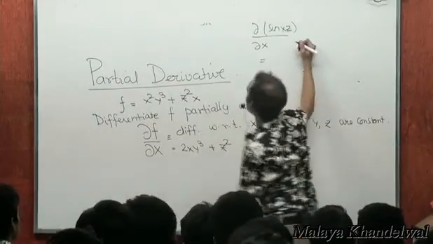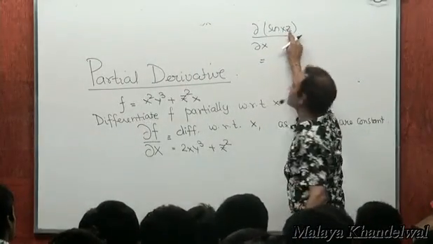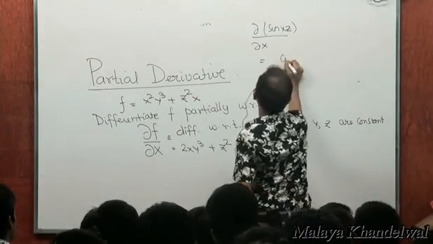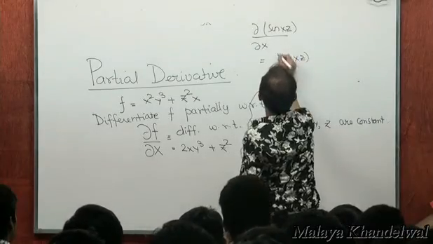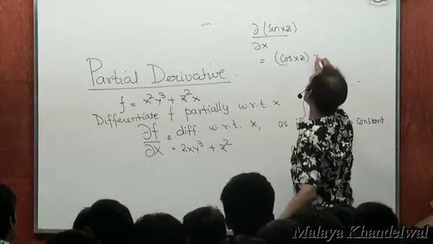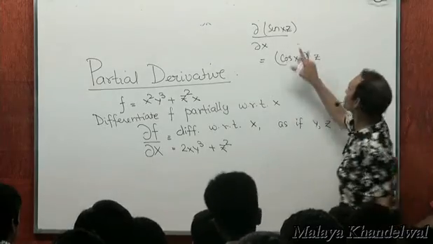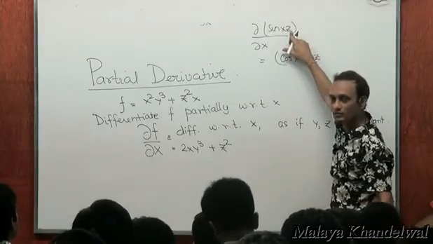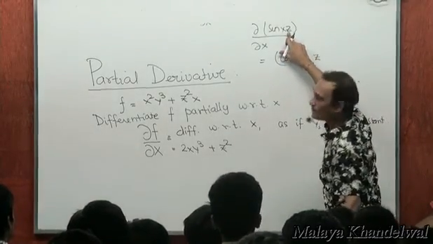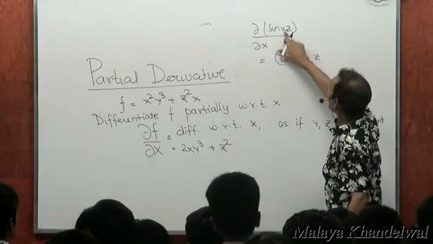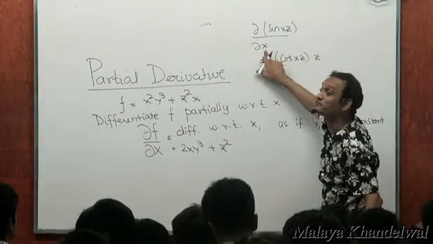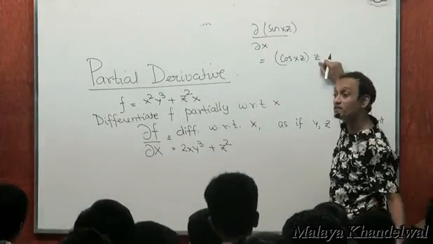So first, apply chain rule. Differentiate with respect to xz, that's cos xz, and then xz with respect to x, as if z is constant, that's going to be z.